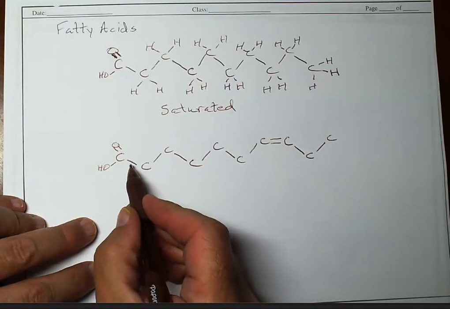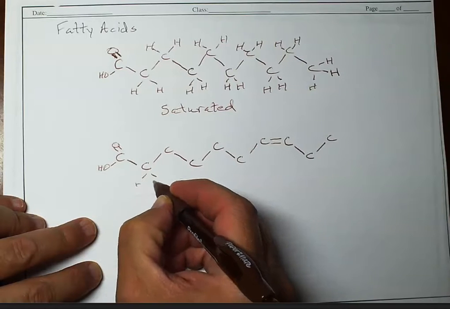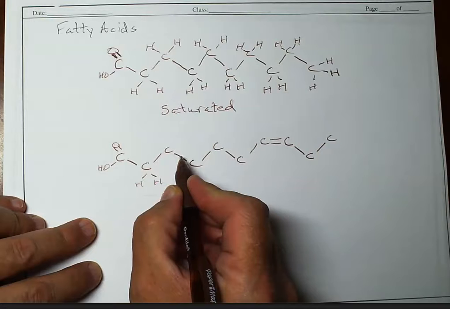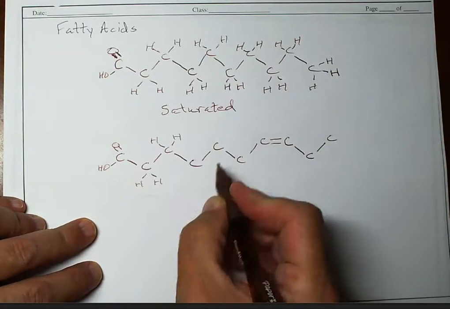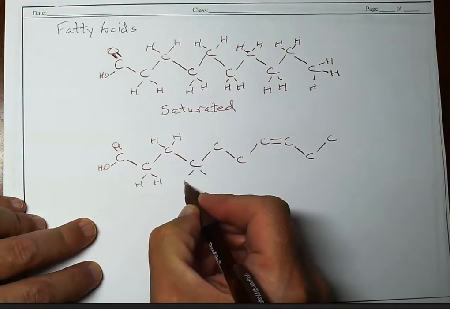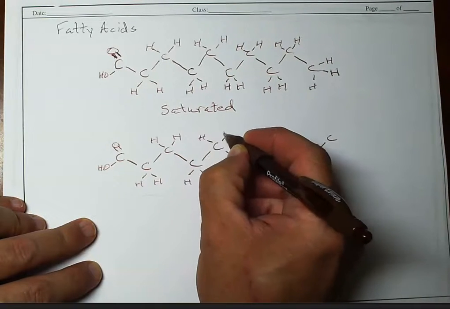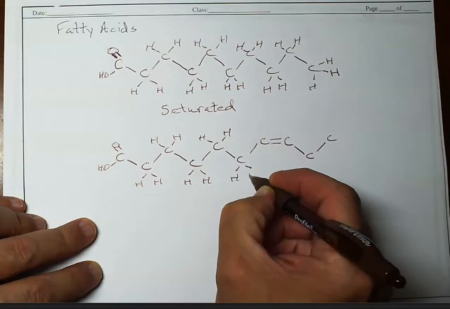This carbon here, it only has 2 bonds. It needs 2 more, so we'll put 2 hydrogens. This carbon up here has 2 bonds. Needs 2 more. We'll put 2 hydrogens. 2 more, 2 hydrogens. This one down here has 2 bonds and therefore needs 2 hydrogens.